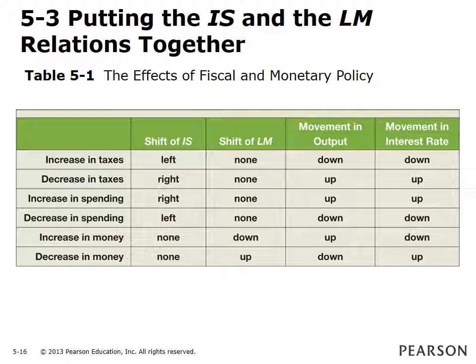Table 5-1 summarizes the effects of fiscal and monetary policy. The same method can be used to look at changes other than changes in policy, such as the effects of a decrease in consumer confidence through its effect on consumption demand, or the effects of, say, an introduction of more convenient credit cards through the effects on the demand for money.